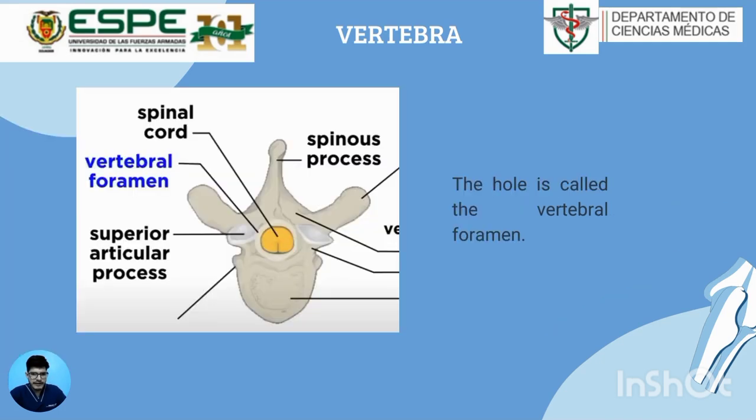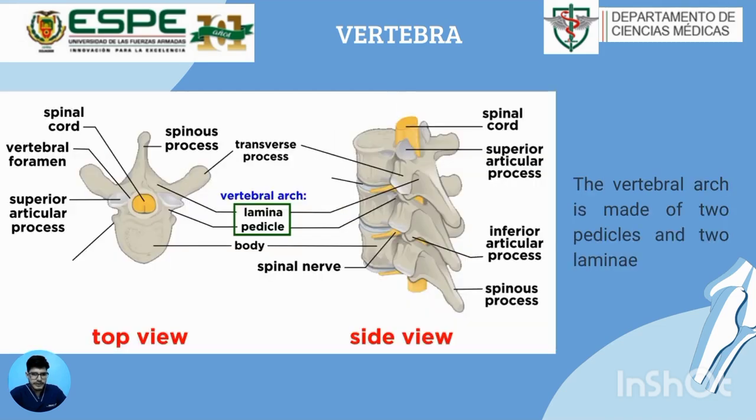The vertebral arch is made of 2 pedicles and 2 laminae, and from this project various processes. These processes include the spinous process, two transverse processes, and the superior and inferior articular processes.